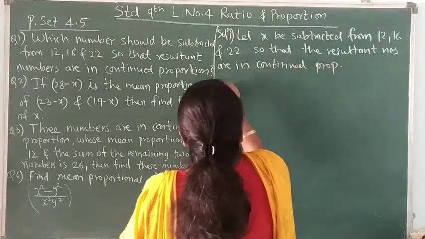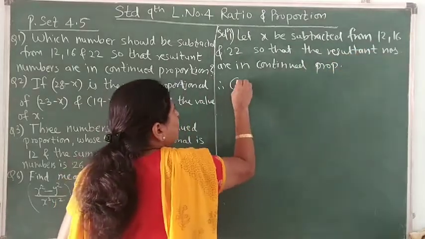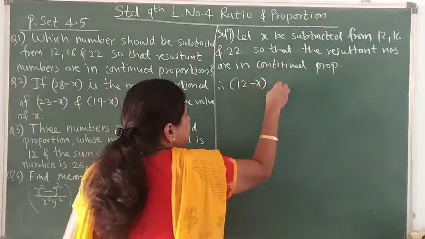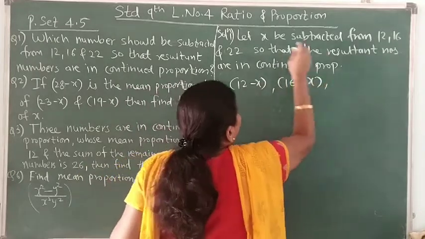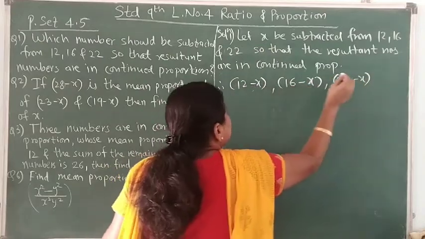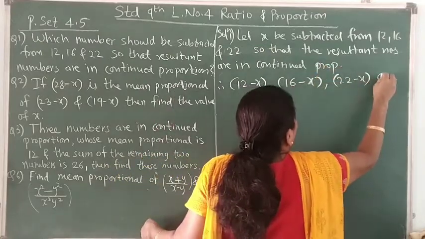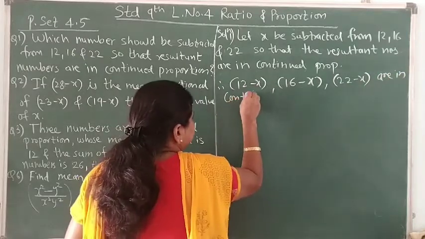Therefore, what will be the resultant if we subtract x from 12? Therefore, 12 minus x, then 16 minus x, and the last one is 22 minus x. So we'll get these resultant numbers in continued proportion.